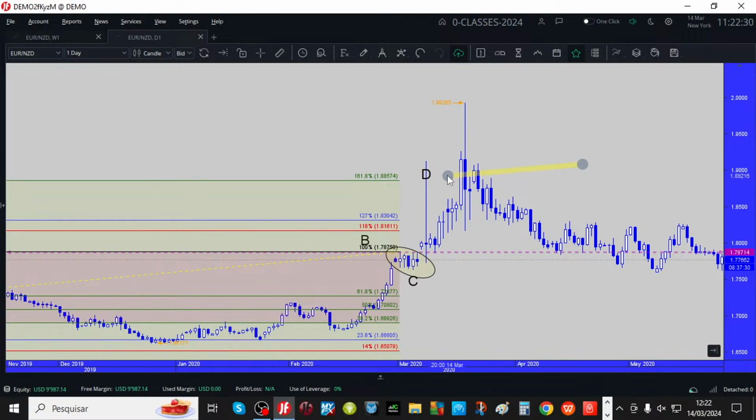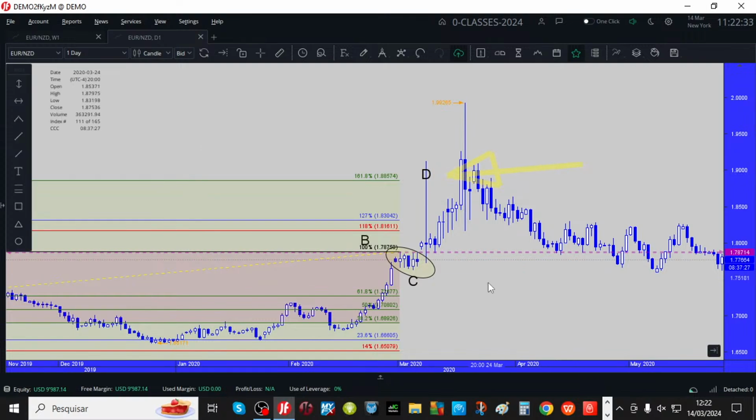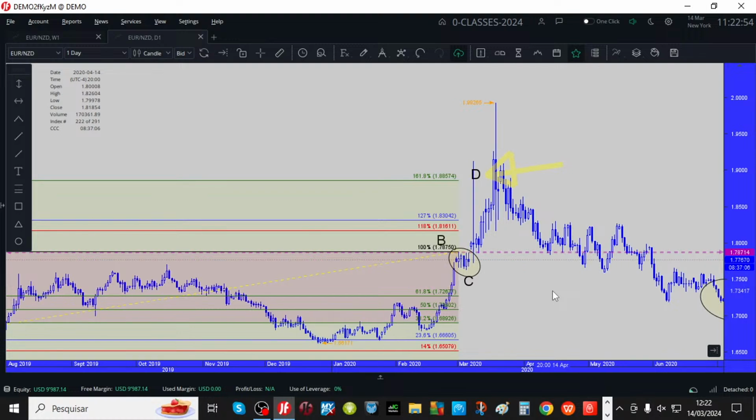That's the sequence. This is how you must learn the Fibonacci's. This is how you must understand the Fibonacci's. That's the C, because the market hit the D up in here. That's the sequence. Alright?